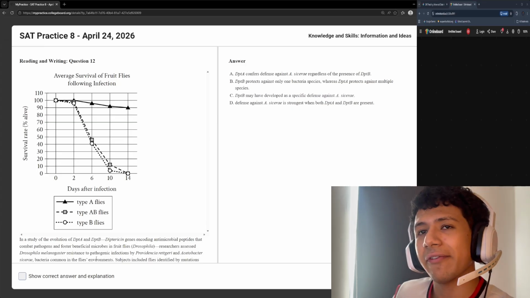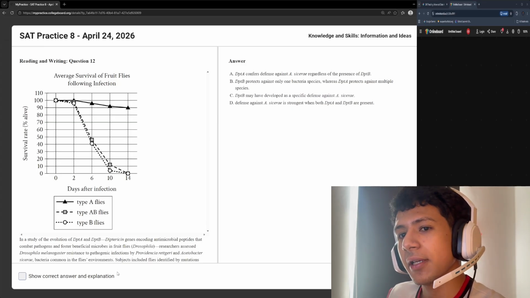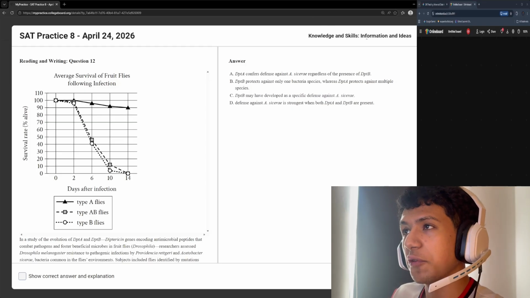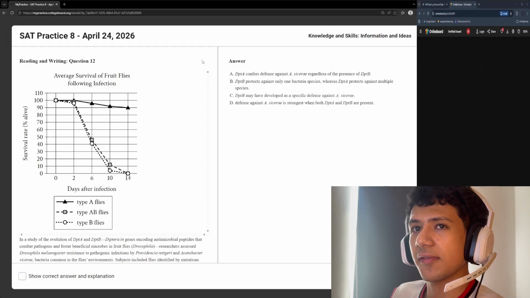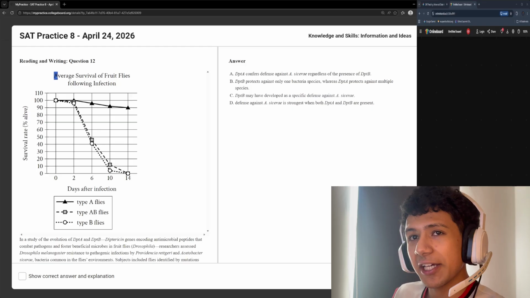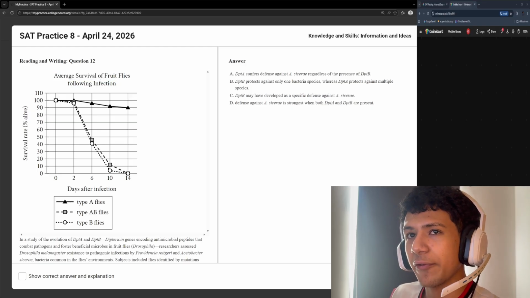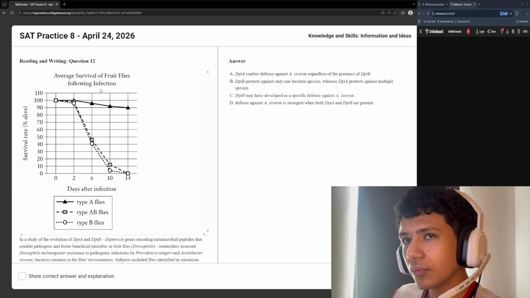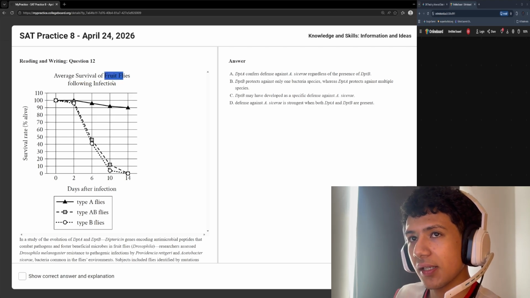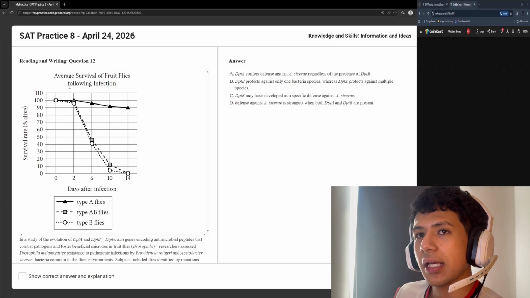So, we have a graph, right? As you can see, we have a graph. So, it's one of those information ideas questions. We have the title of the graph. It says the average, right? So the average number of survival of fruit flies. Fruit flies is just a type of flies, right?